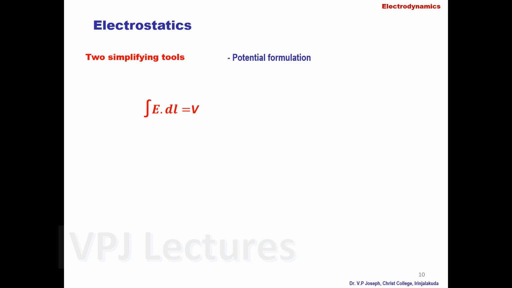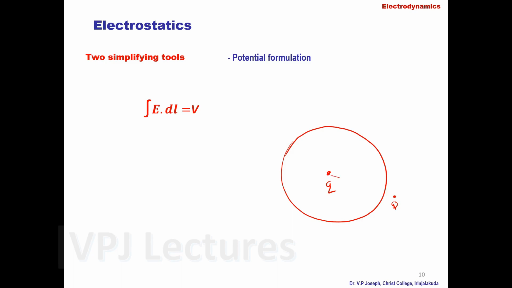The potential at a point: say a source charge is placed at this point, and we define a region around this, and outside the region a point is taken here. If we take a test charge at this point, the force acting on the test charge is equal to 0 because it is outside, so it is at infinity.